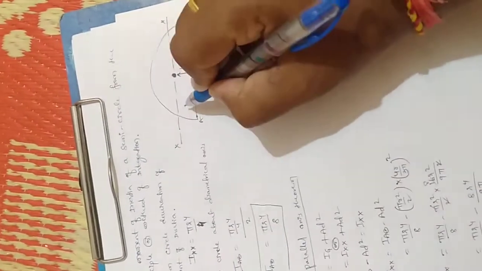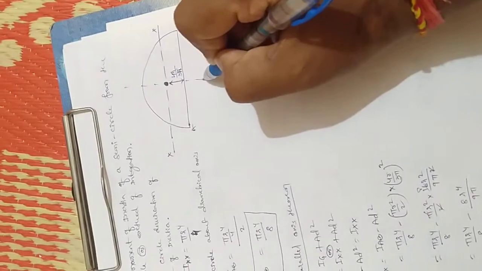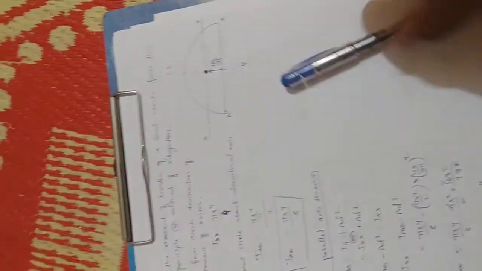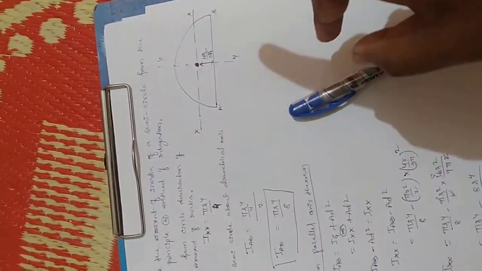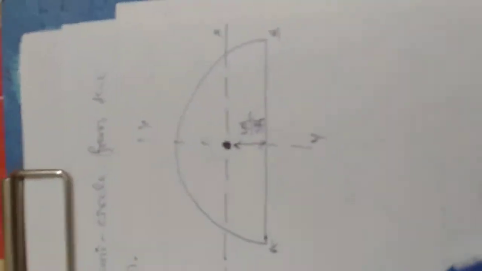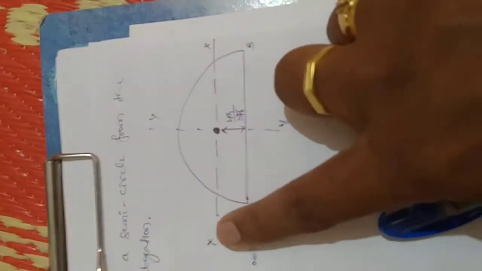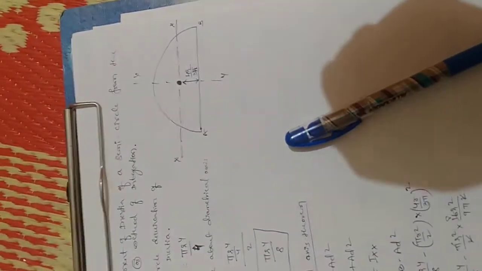Now I will have the x-axis and the y-axis. This is the y-axis, and this is the base. In the case of a circle we do not have any base, so we have Ix and Iy. But for a semicircle we will have three moments of inertia: about AB is separate, about Ix is separate, and Iy is separate. These three we have to calculate.